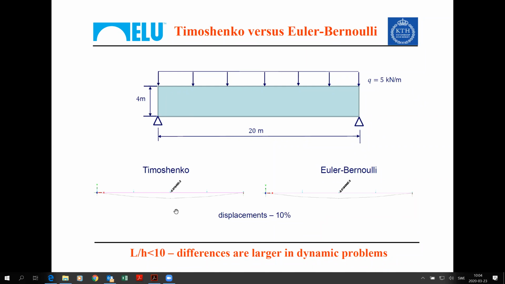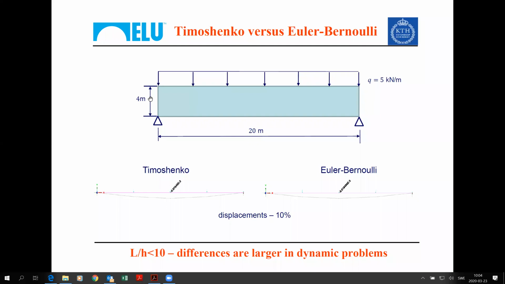Actually, you shouldn't bother about Timoshenko versus Euler-Bernoulli unless your L over H is less than, say, 10.